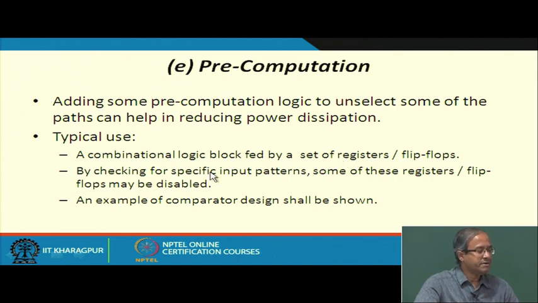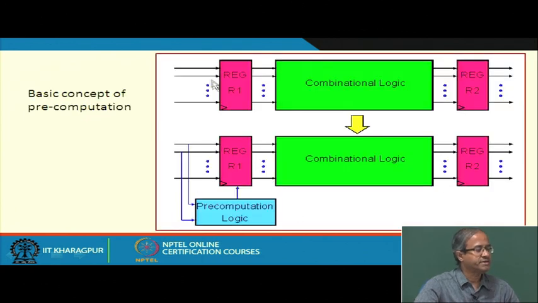I can look for some specific input patterns, as I said, and if some patterns are found, we can disable loading of these registers, so that new values will not be loaded, thereby transitions in the combinational logic will be avoided. So, here we show the example of a comparator, as I said.